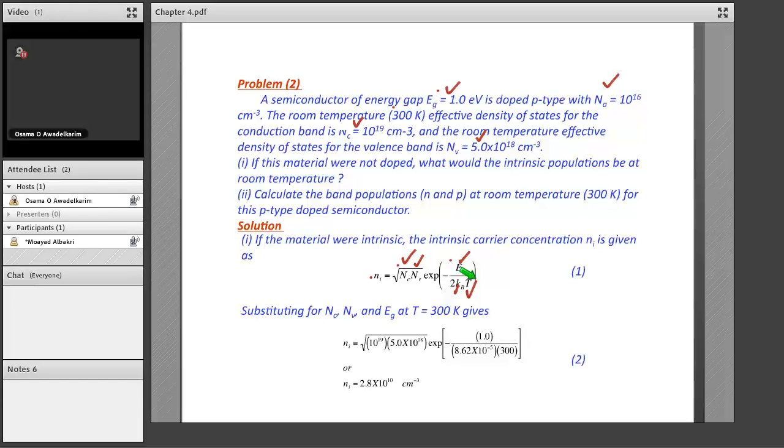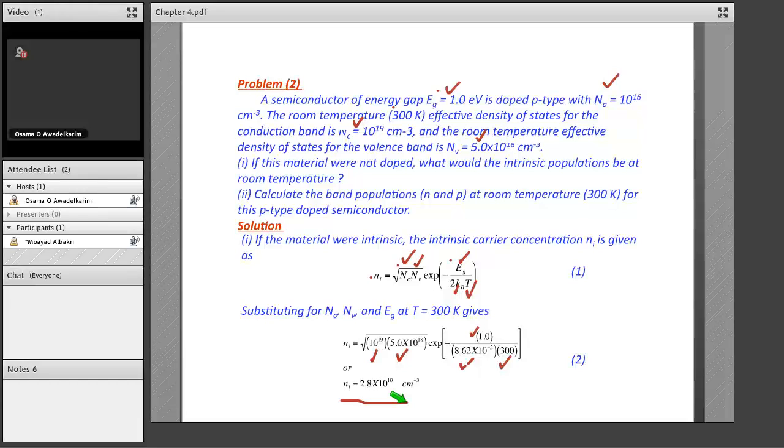We just substitute here Nc, 10 to 19 per cubic centimeter, here Nv, 5 times 10 to 18 per cubic centimeter, here 1 electron volt for Eg, here 8.62 times 10 to minus 5 electron volts per Kelvin for kB, the Boltzmann constant, and here 300 K for temperature. And when we substitute, we find Ni, the intrinsic carrier concentration, equals 2.8 times 10 to 10 per cubic centimeter.